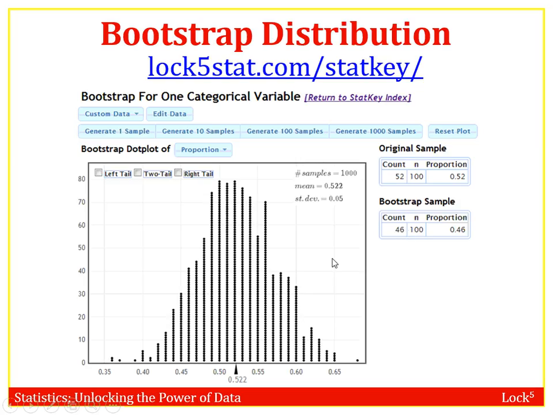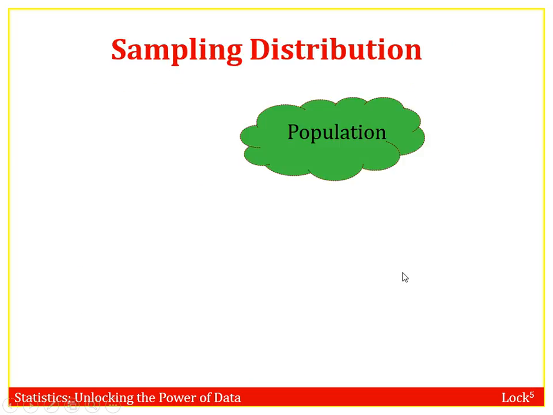But for the most part, we want to do this many, many times. So we're going to generate, say, 1,000 samples at a time. And that's going to help us figure out the standard deviation of our bootstrap sampling distribution, which, once again, is that standard error.